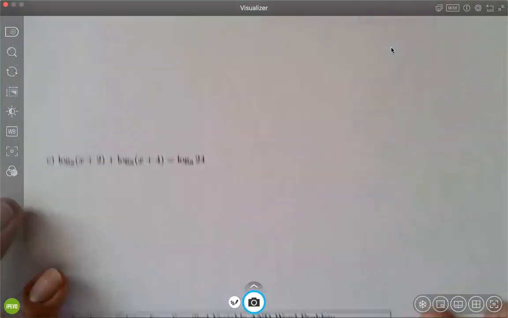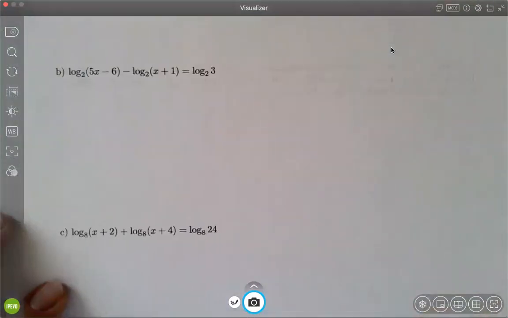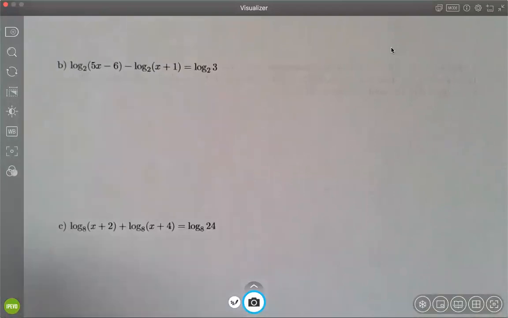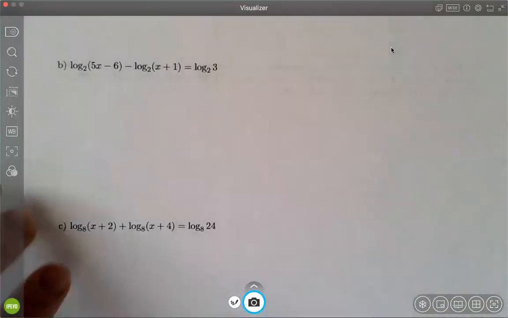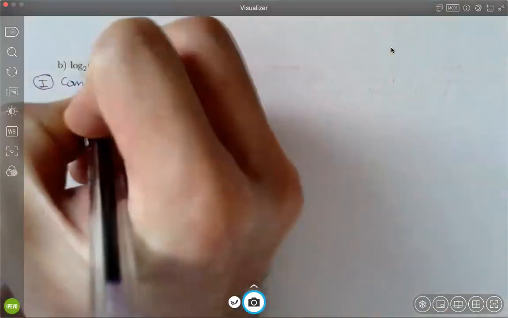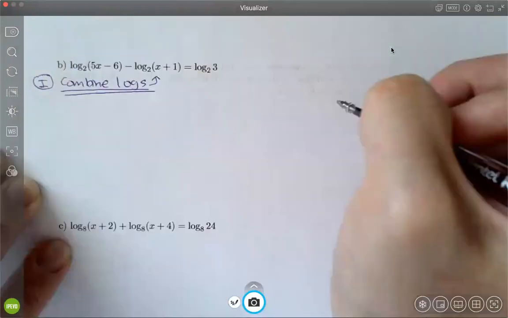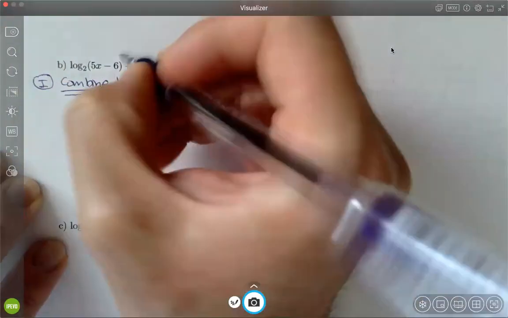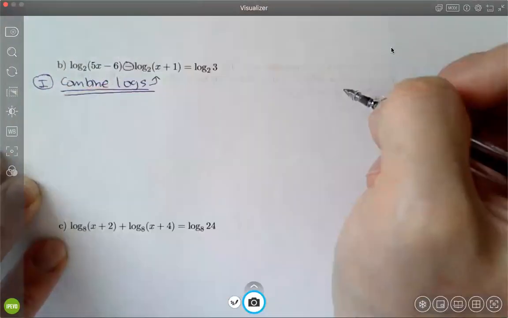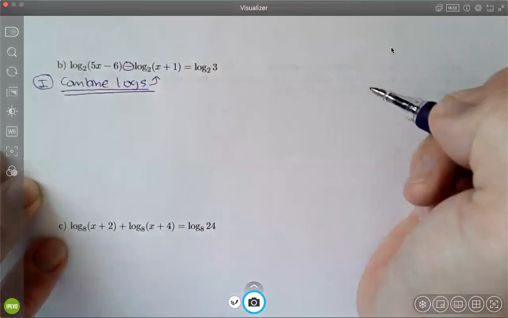Okay, so now continue. Log base 2 of (5x minus 6) minus log base 2 of (x plus 1) is log base 2 of 3. Once again we see the two logs on the left-hand side. If we want to combine them, here we see subtraction, and subtraction turns into division.